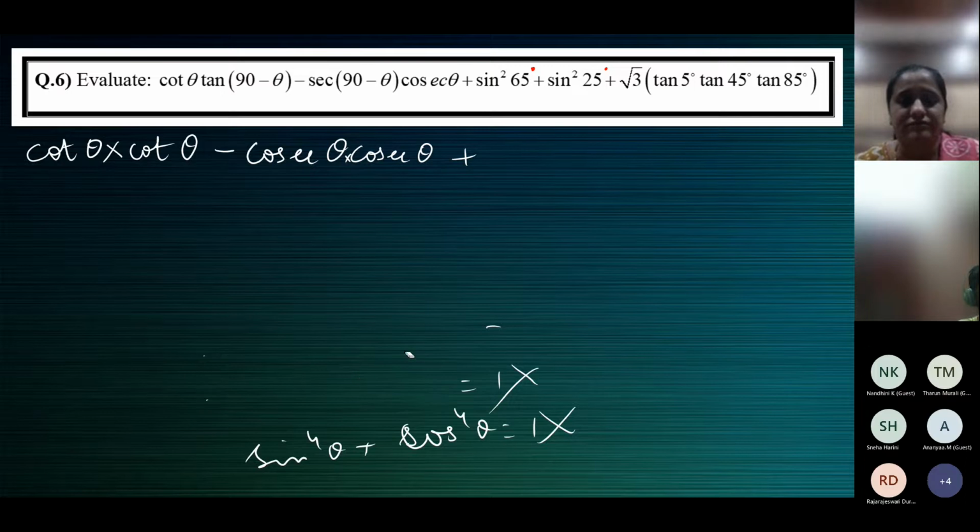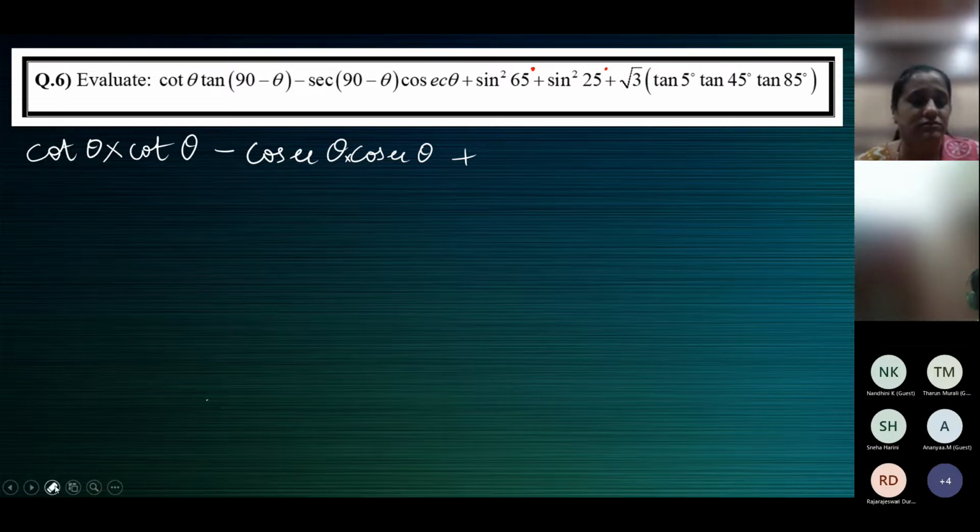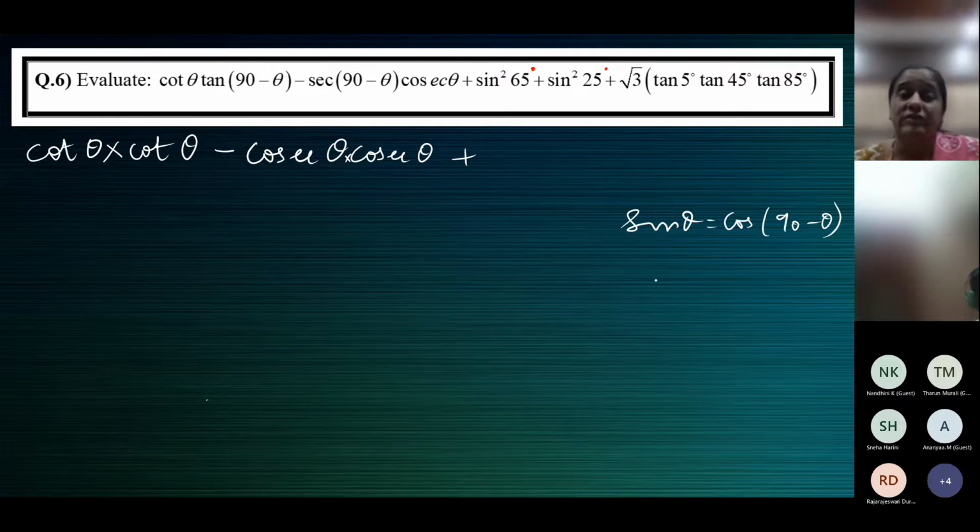Similarly, what did I show? I said sine theta is equal to cos 90 minus theta. Now we are squaring on both the sides.